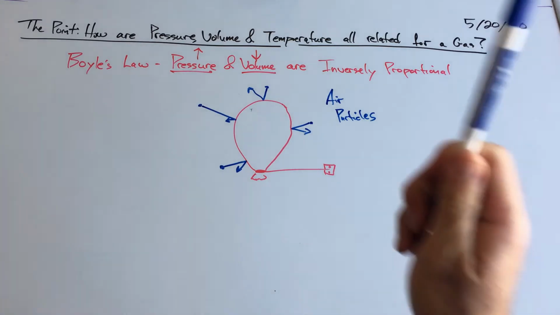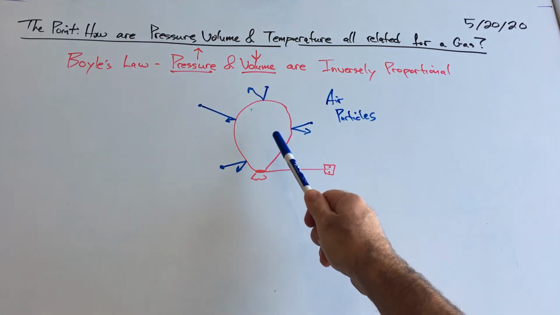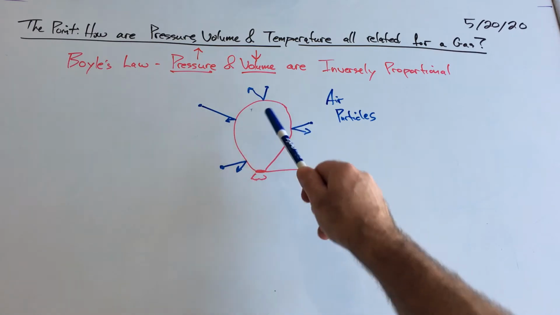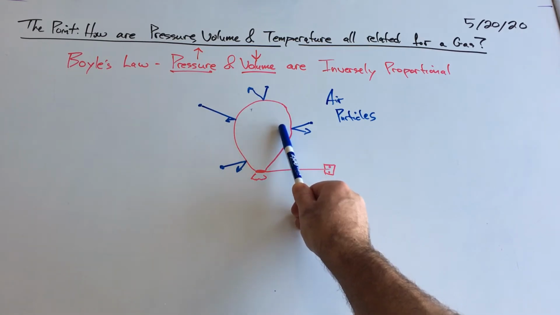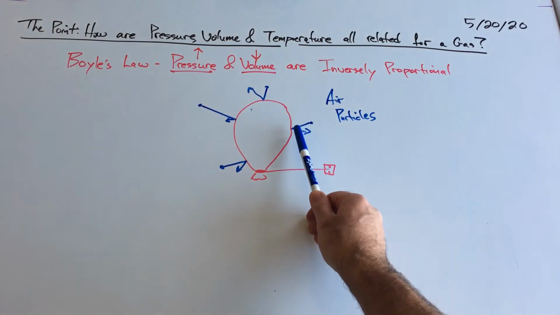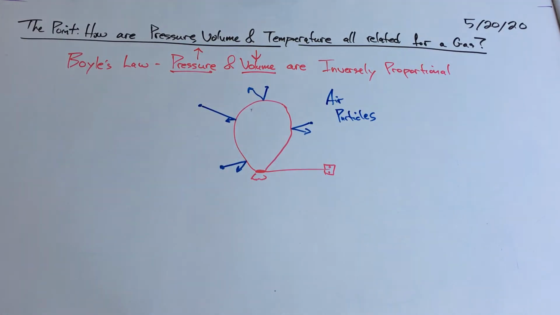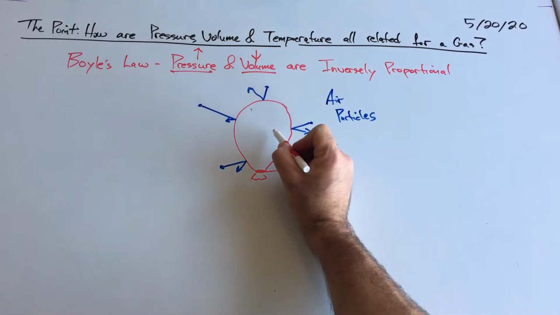And the reason the balloon is that size is because it's at this size that the inside is banging against it just as hard as the outside is banging against it. So the particles on the inside, they are also banging, right?